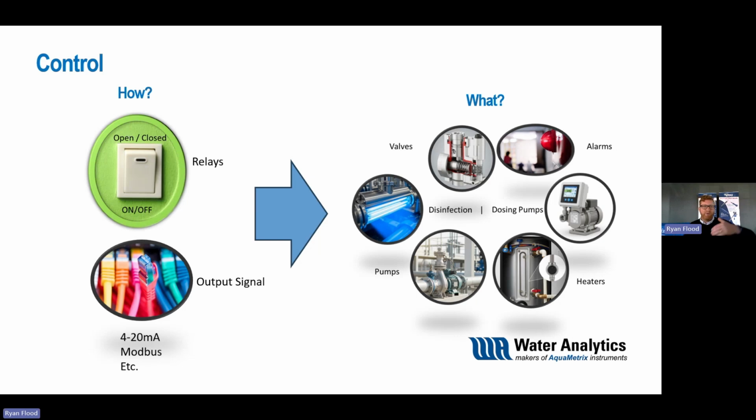Or on the other side of it, your pH is too high, and you need fresh water to be added in. You can then have your relay be triggered to close, and you can open up a valve, or you could have your output signal go into a dosing pump or some other parameter to give a scaling, not just an on-off option. There's a lot you can do there, and it can help simplify that process.